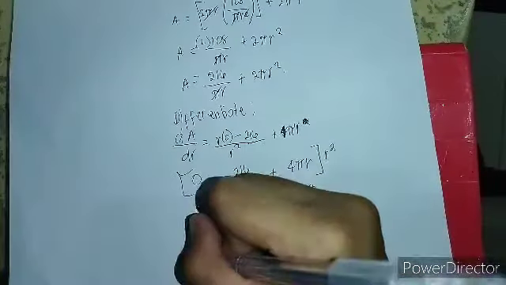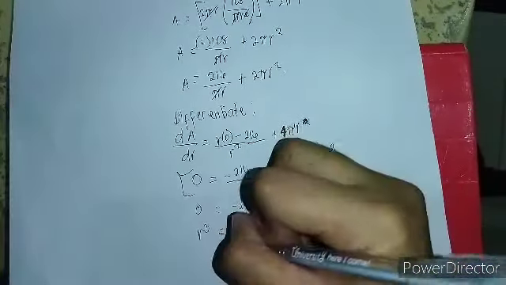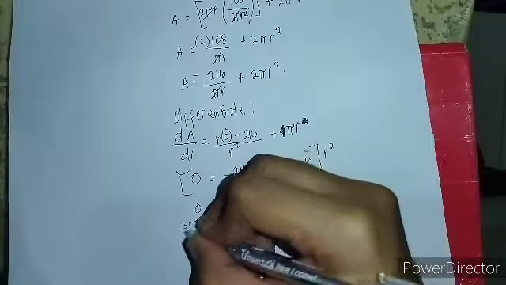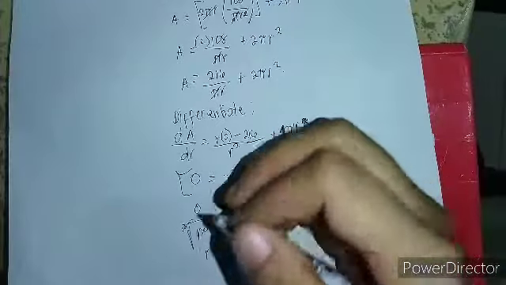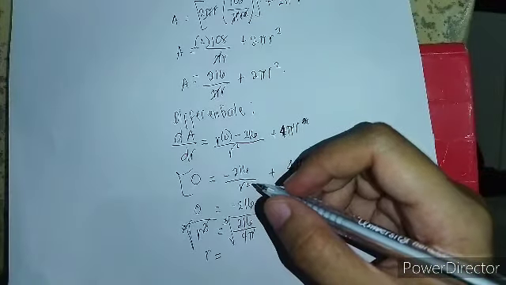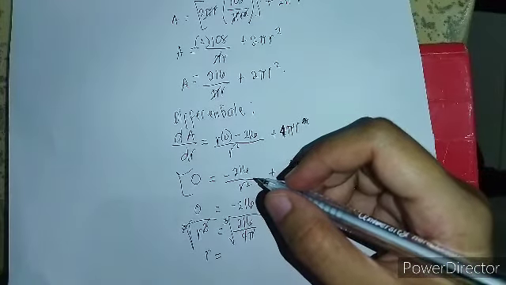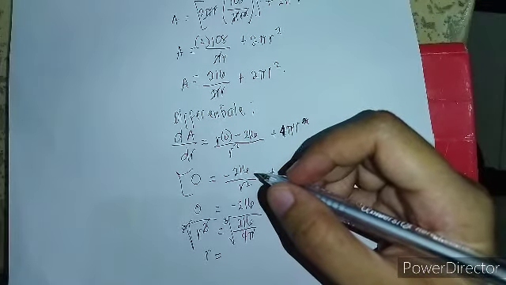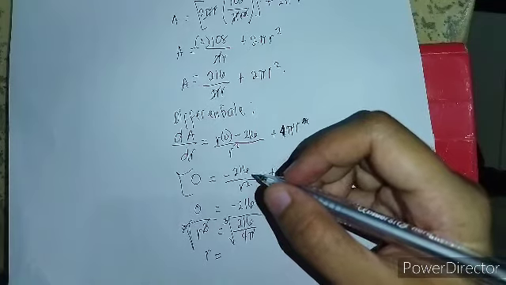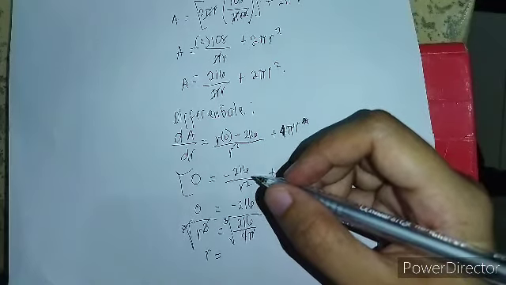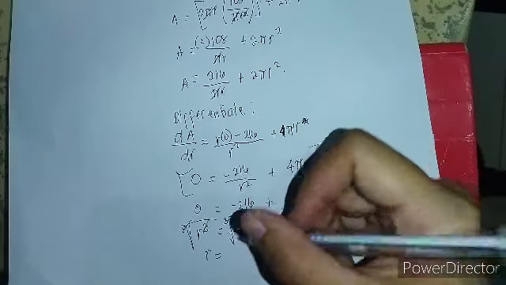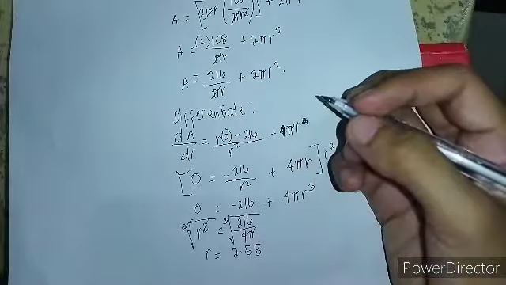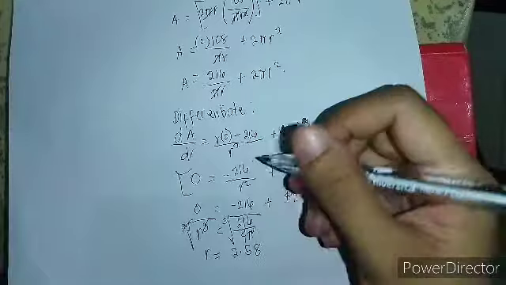So our radius will be 216 over 4 times pi. We have 2.58 inches.